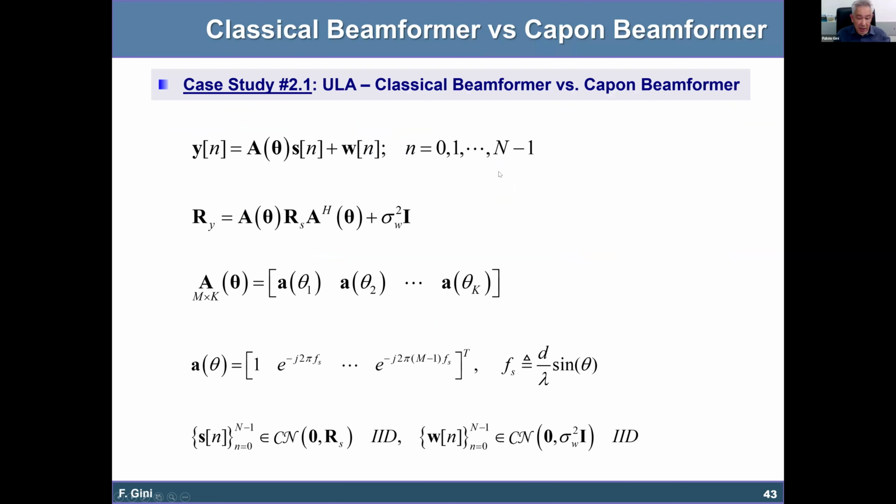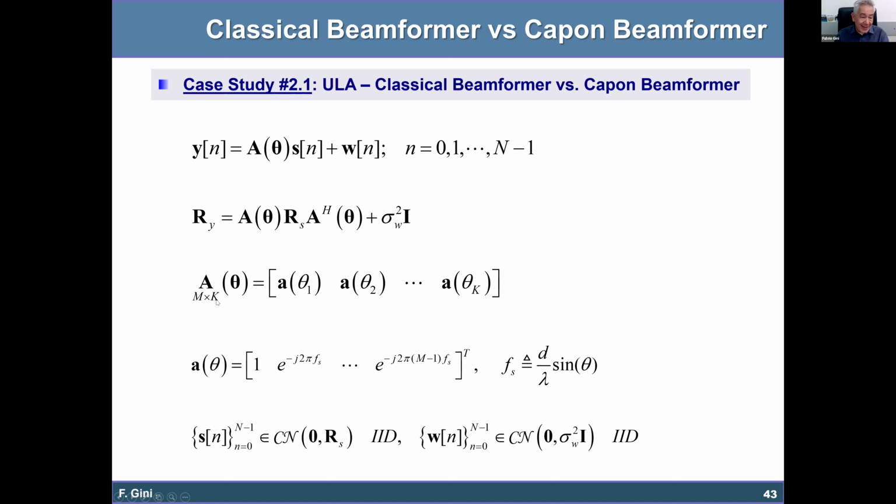So this is the case study. This is the classical model of the data at the output of the array, so at the input of the beamformer. This is the structure of the data covariance matrix, signals plus noise. Let's assume that the noise is white, the disturbance is white.